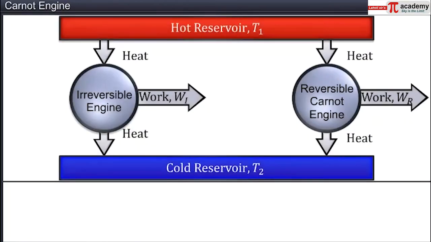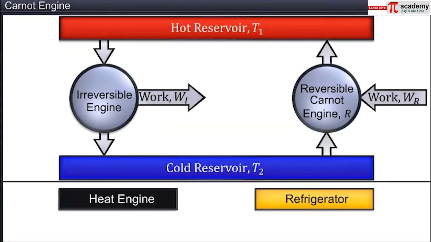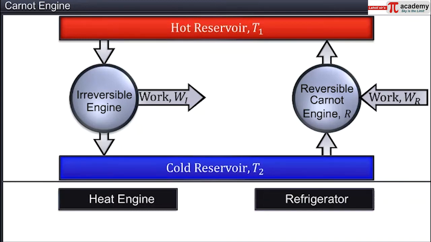Now, let us couple both the engines, such that the irreversible engine I works as a heat engine, and the Carnot engine R works as a refrigerator. Since the Carnot engine is working as a refrigerator, WR is the work done on the system. Let us assume that the heat engine receives heat Q1 from the hot reservoir and returns some heat Q1 minus WI to the cold reservoir.